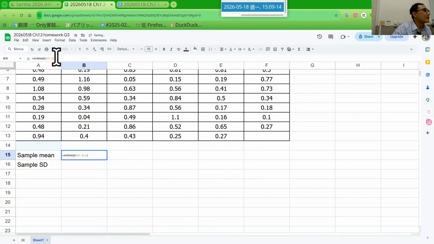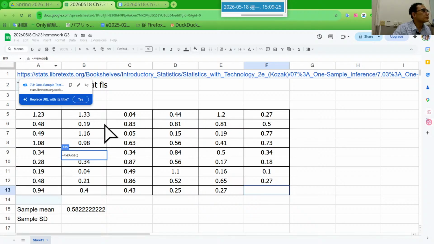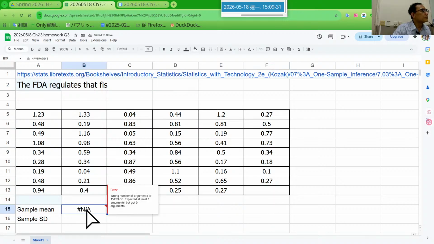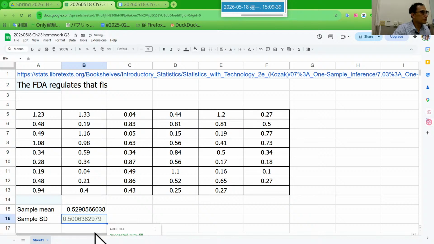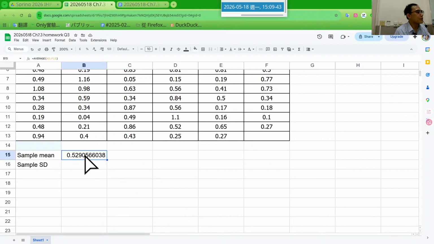Average, but the range should be like this. Then we get the average here.